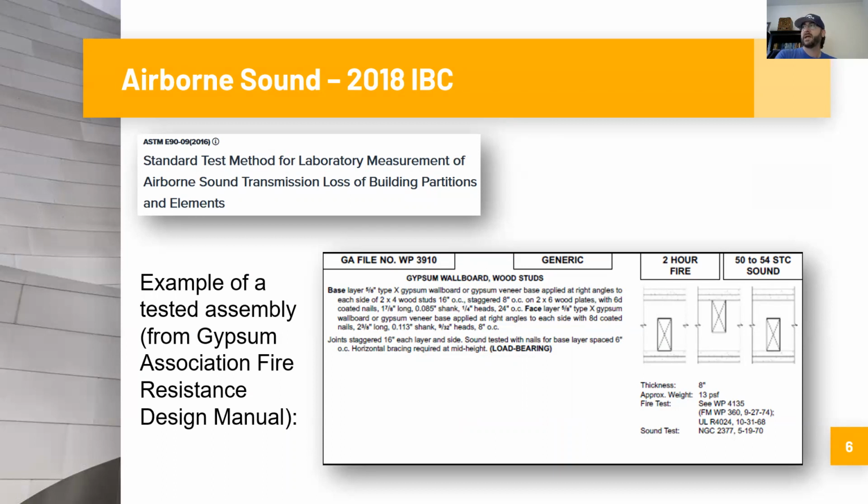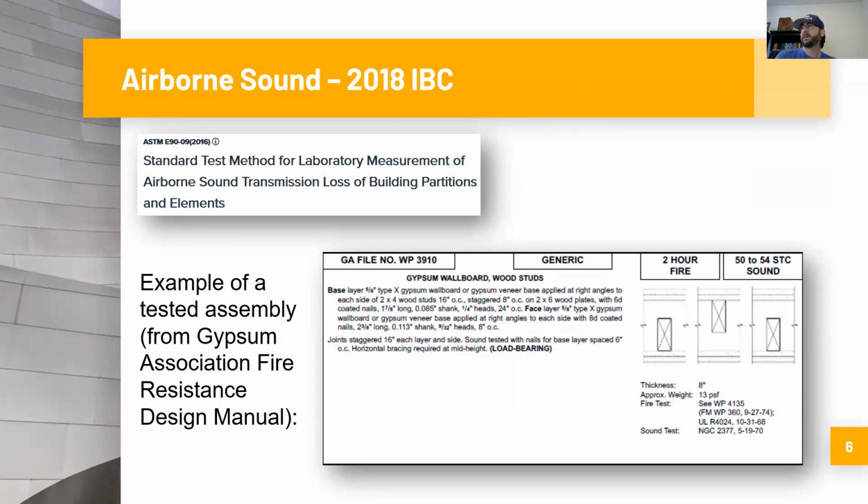You see what we're looking at here is a wall detail comprised of double layer gypsum board and staggered wood studs. And if you look at the upper right part of this detail, you see it's got a fire rating, but you also see it's got a sound rating. That it says 50 to 54 STC sound. Then if you look at the lower right, you see the sound test.